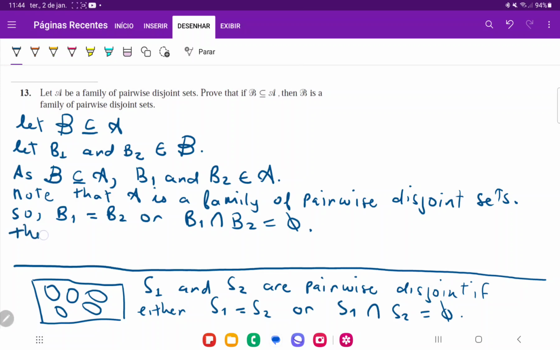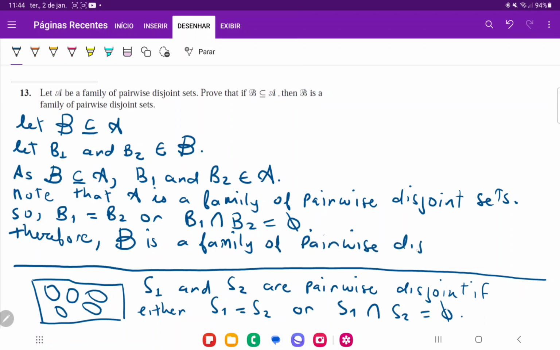So therefore, our conclusion is that the family B is a family of pairwise disjoint sets. And that is it for our proof.